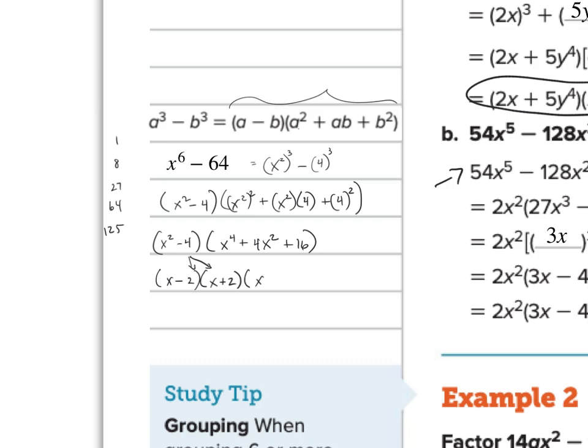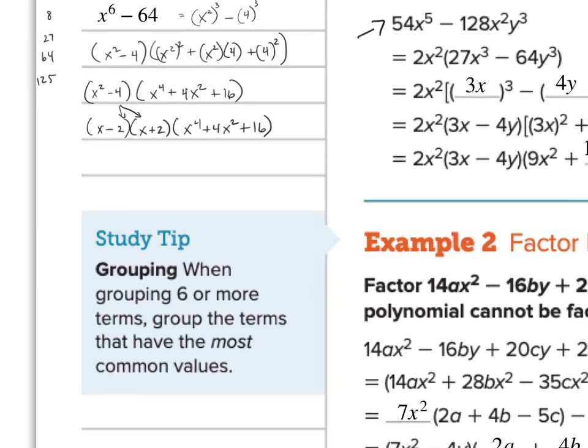Then you have x to the fourth plus 4x squared plus 16. Now that is completely factored because all of my factors are prime and cannot be factored any further. So that is utilizing your difference of cubes, your sum of cubes, and then seeing that we did have more to carry on, being able to recognize that.